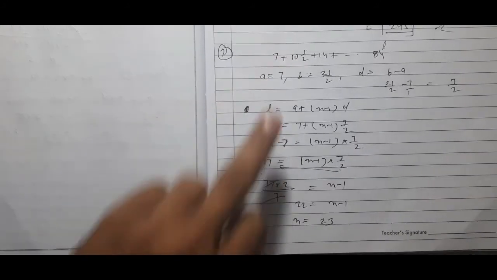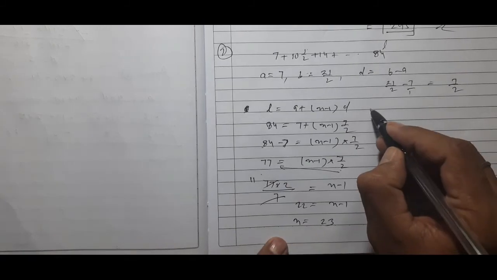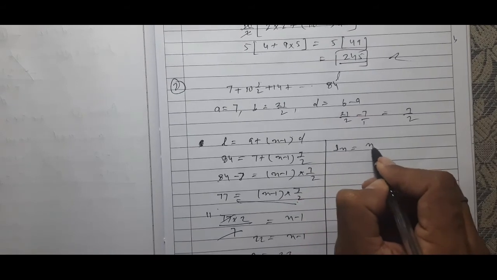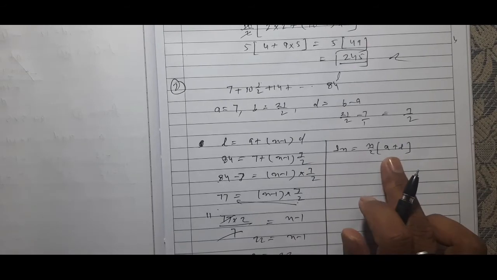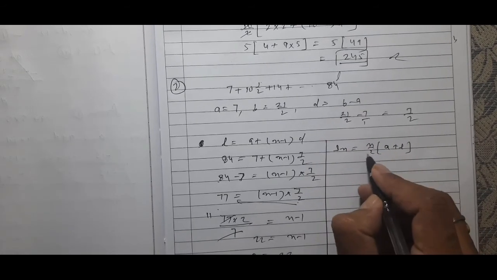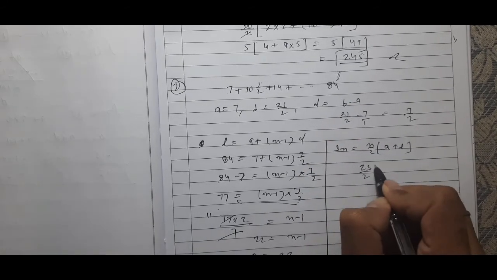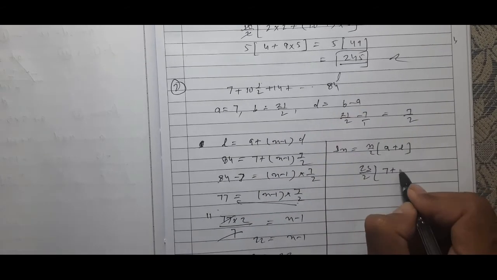So in this series there are 23 terms, but we have to find the sum of all the terms. So again use the formula for Sn. Sn is equal to n by 2 into a plus L. This is the other formula for the sum of n terms. So n value is 23, 23 by 2, a value is 7 and L value is 84.